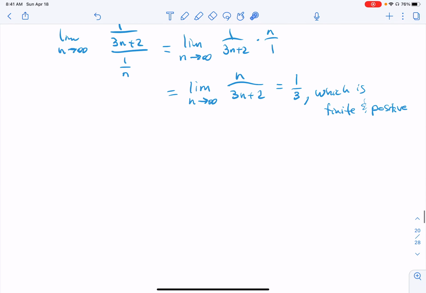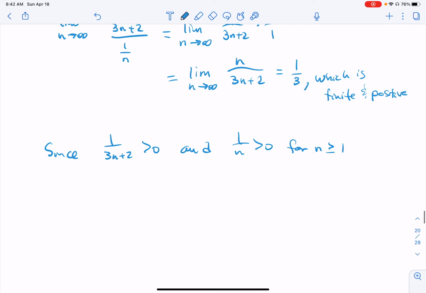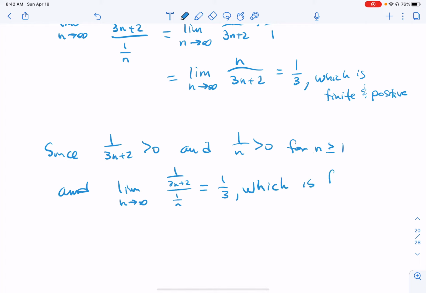Proper words are hard today. So we need to say: since a sub n, 1 over 3n plus 2, is greater than 0, and 1 over n is greater than 0 for n greater than or equal to 1, and the limit as n goes to infinity of 1 over 3n plus 2 over 1 over n is equal to 1/3, which is finite and positive.